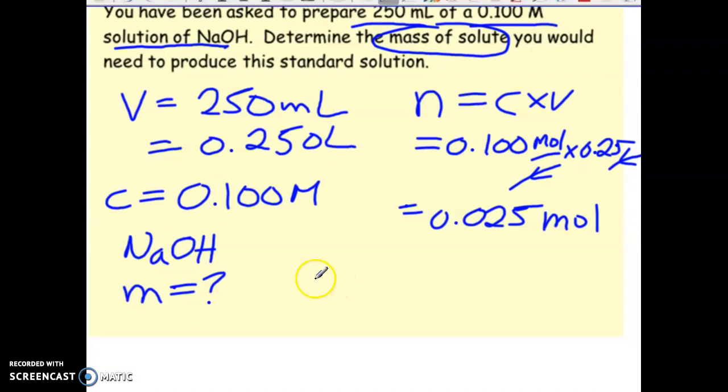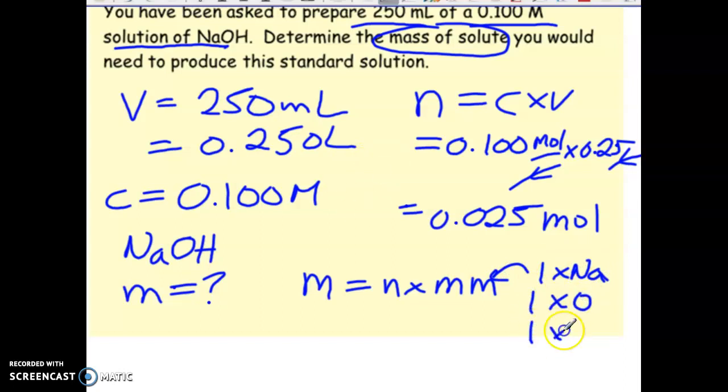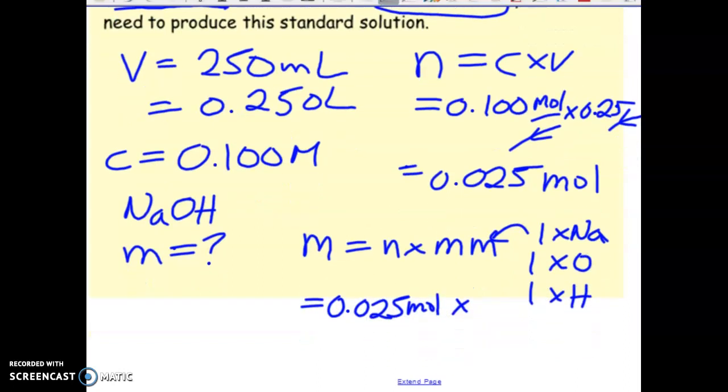Then the mass is moles times the molar mass. The molar mass for sodium hydroxide is 1 sodium, 1 oxygen, and 1 hydrogen. So we have 0.025 moles times 22.99 plus 16 plus 1.01, which is 40.00 grams per mole.